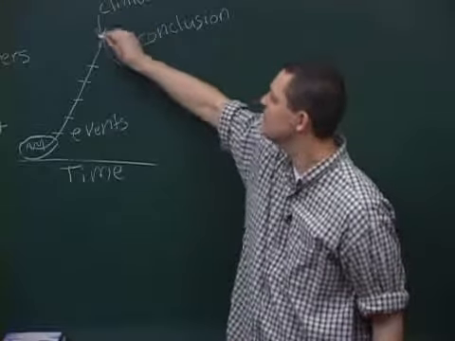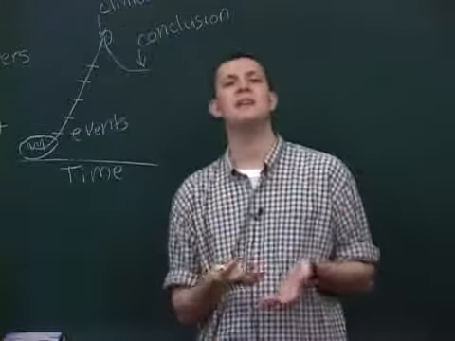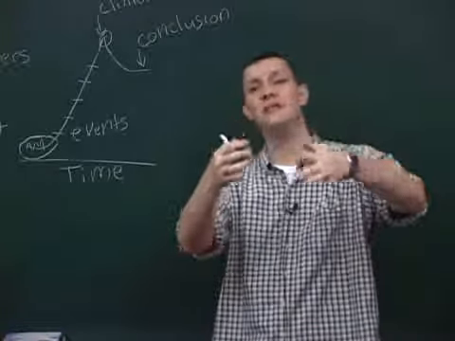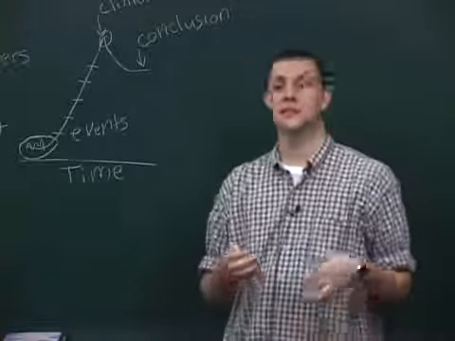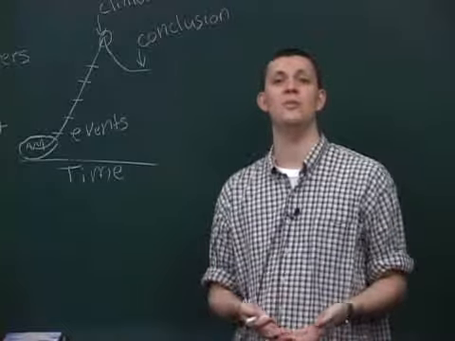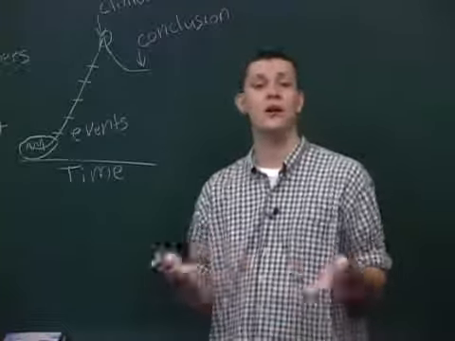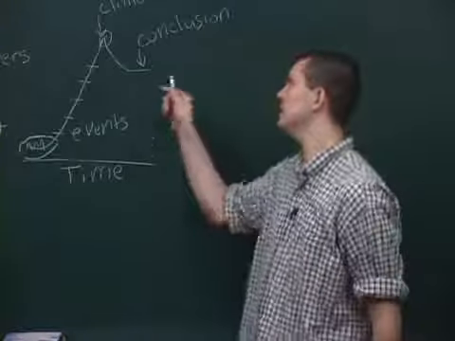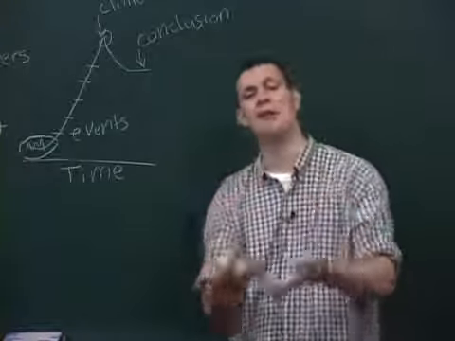And the climax is as he's about to reach his goal, or if he's about to fail. He doesn't always reach his goal. A lot of great stories are very sad. The character doesn't reach his goal, and then the conclusion tries to wrap things up.